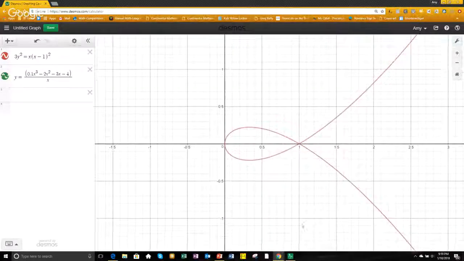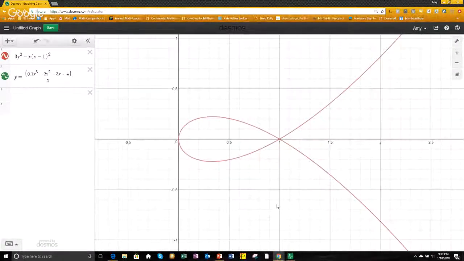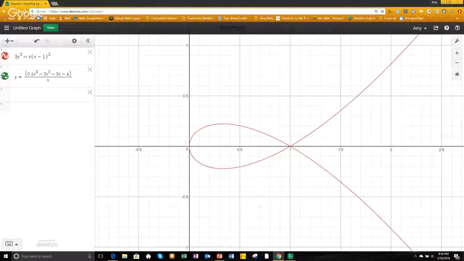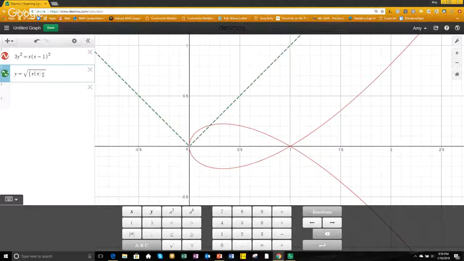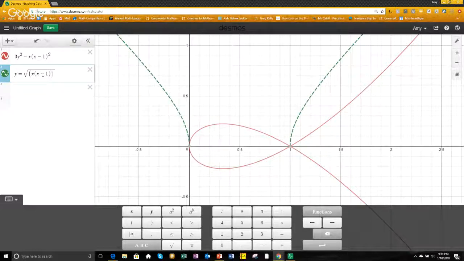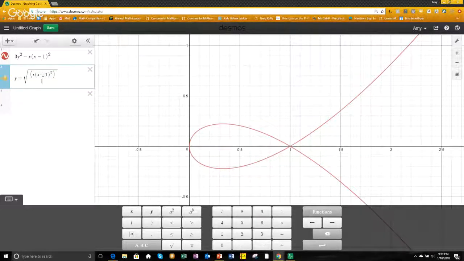And you can see how this implicitly defined equation here is not a function, it's a relation. And so it's going to have an upper half and a lower half, like we found here, which I can take the square root of parentheses x times x minus 1 to the second, close the parentheses, divided by 3.